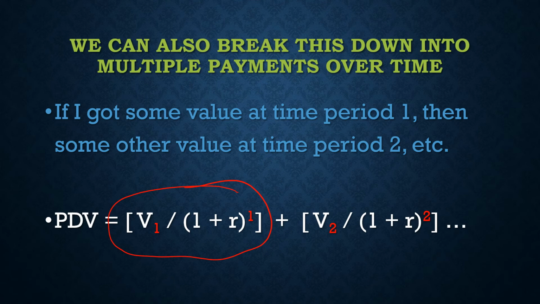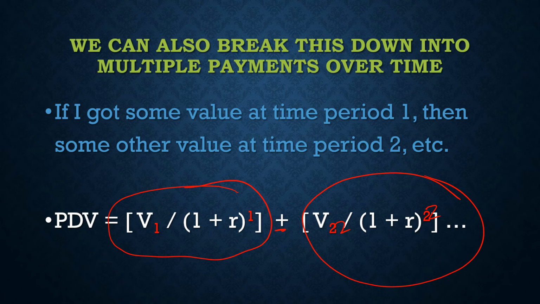But then we can add that to other time periods. It's the same equation, but we just add it in with a different time period. It could be the second time period, or it could be that we get some other payment at, say, not the second time period, but at the 22nd time period. So we get a payoff at time period 1 and a payoff at time period 22.